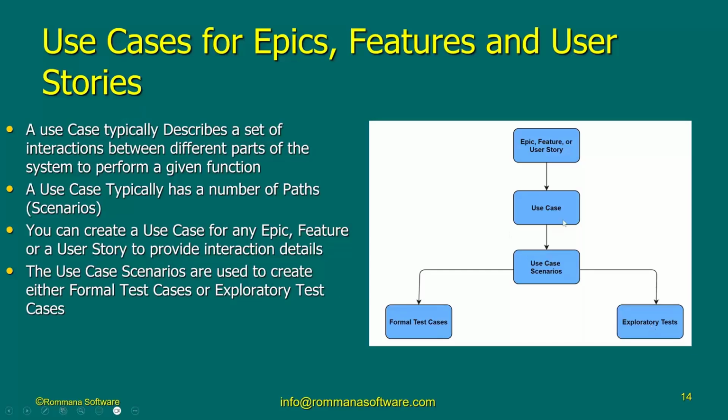I'm just letting you know that if you want to use use cases and you are using ADO, ADO will not allow you to do use cases. So you can do the synchronization with Rommana ALM. You can start doing your use cases from within Rommana ALM.